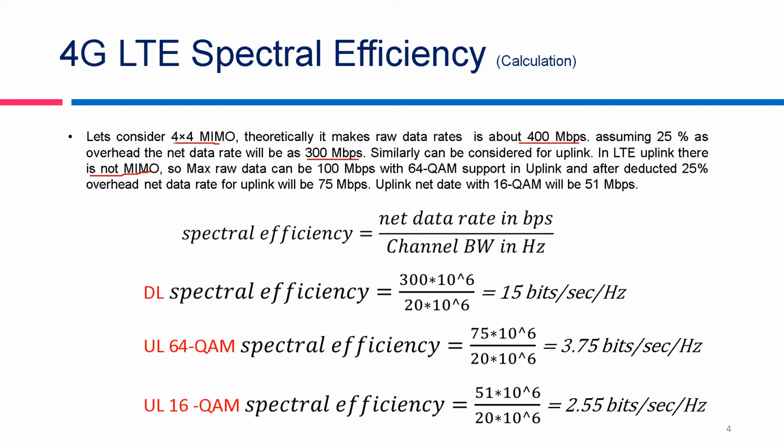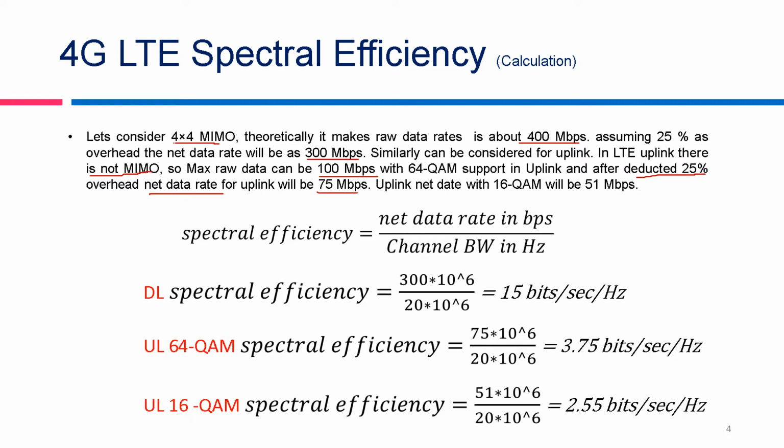So the maximum raw data rate for uplink can be 100 Mbps, assuming 64 QAM support in uplink. And similar to downlink, if we deduct 25% overhead in uplink, which could be because of your RACH channel or because of your uplink control channel, then uplink net data rate will be about 75 Mbps.